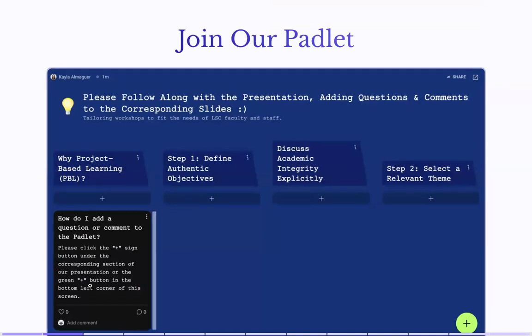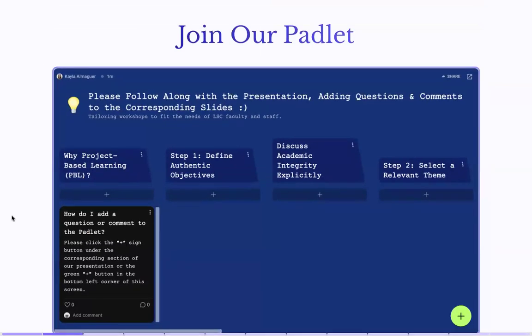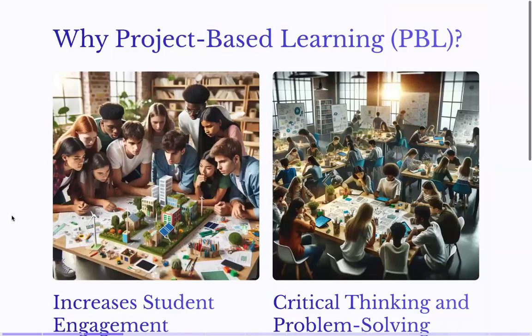Okay. And I worked really hard on these images, y'all. I don't know if anyone uses DALL-E, but it's basically an AI image generator app. And those of you who are not familiar with me, my name is Kayla Almaguer, and I am the AI faculty fellow for Lone Star College Tomball.